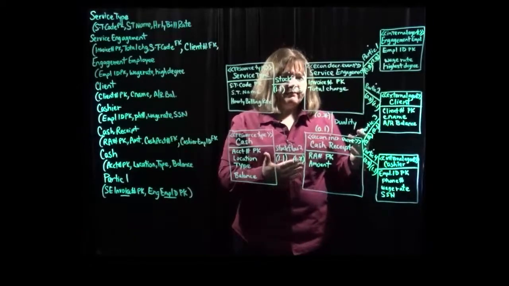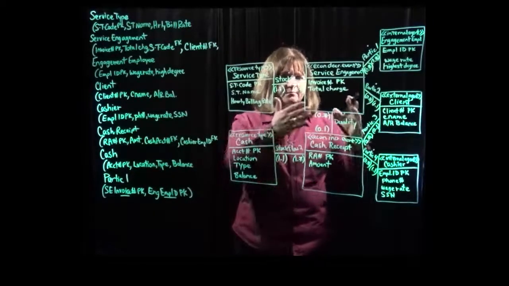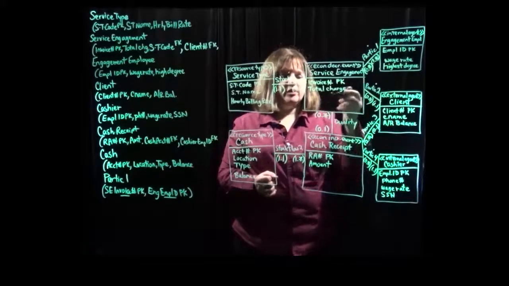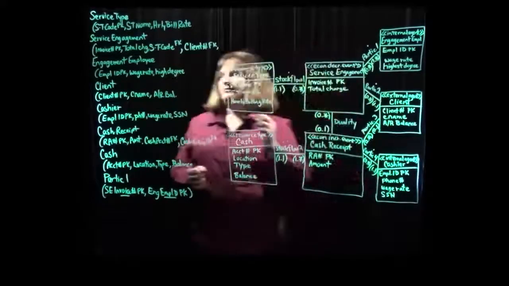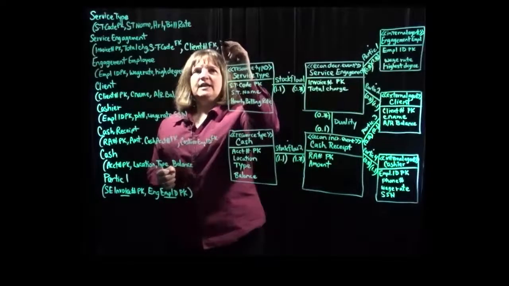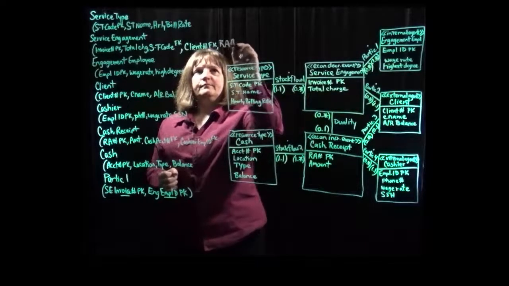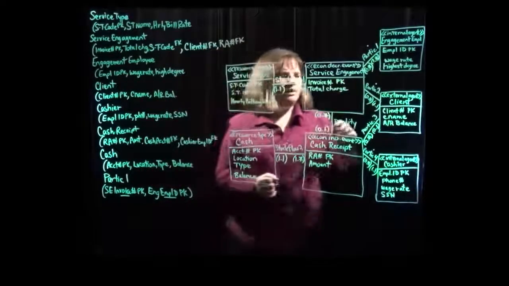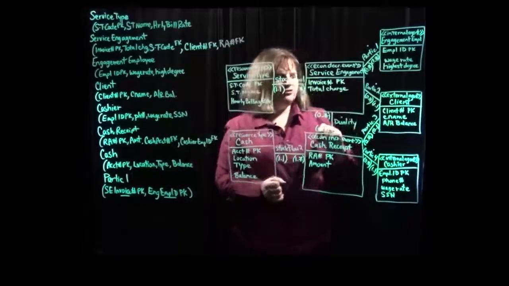And so we would expect that eventually most of our service engagements would end up getting paid for. And so it would be okay to post that remittance advice number into the service engagement table. And we make that a foreign key. And that accounts for duality.